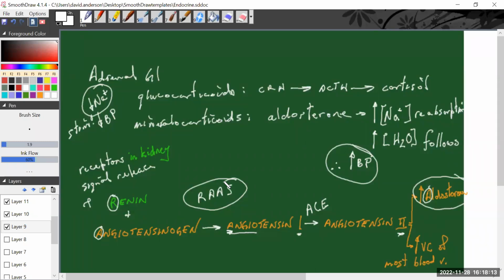And it also targets the adrenal gland to promote the production and the release of aldosterone. And when aldosterone gets released, it does those things up there. And when we get those things in combination with this, we get our big increase in blood pressure, which is our negative feedback to what stimulated the whole thing in the first place. Does that work okay for everybody?